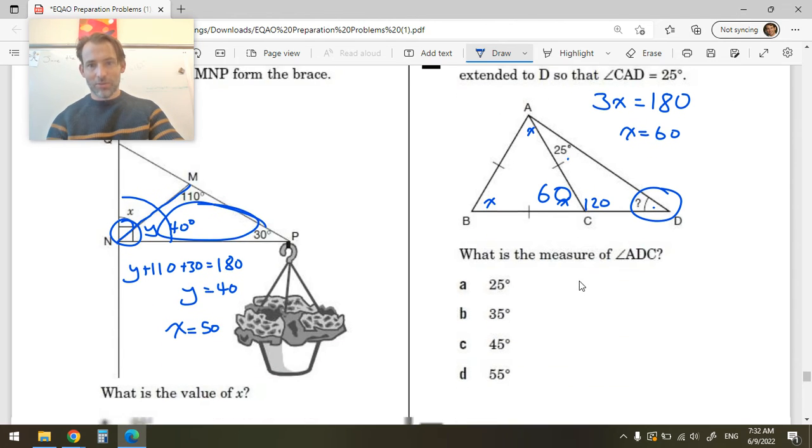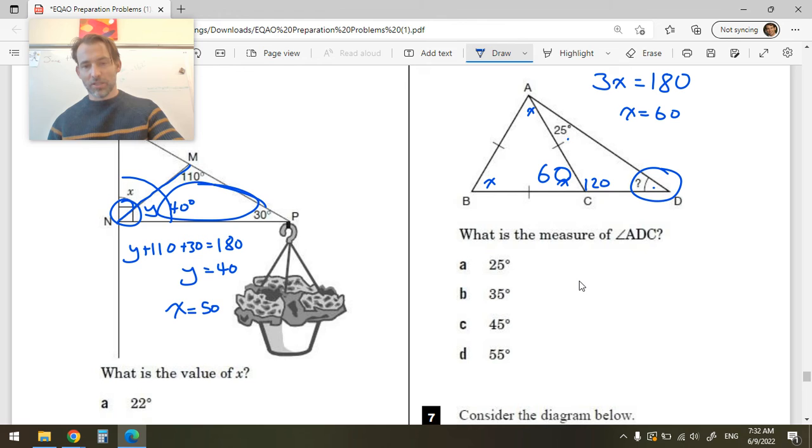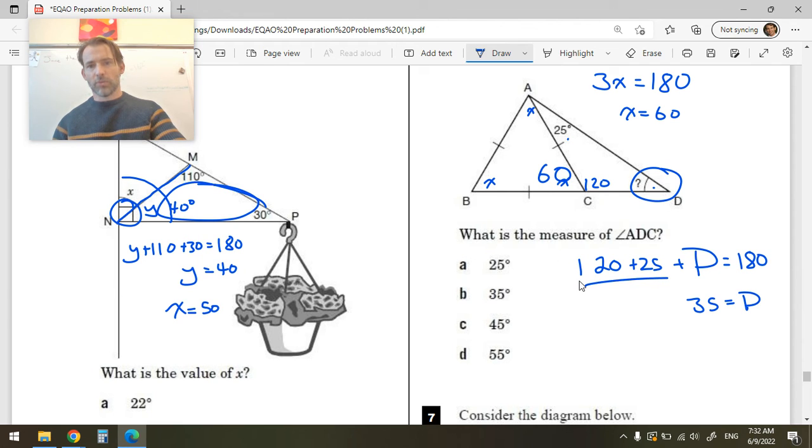So you can write that out if you want, and you'll have 120 plus 25 is 145 plus angle D equals 180. And then you can solve this equation to find that D is 35. Yes, 35 equals D, because that would add to 145. 180 minus 145 is 35.